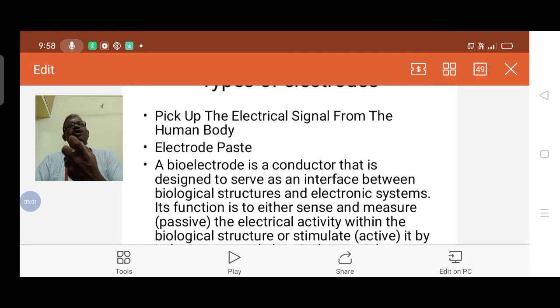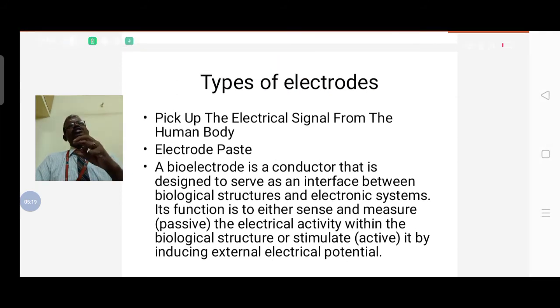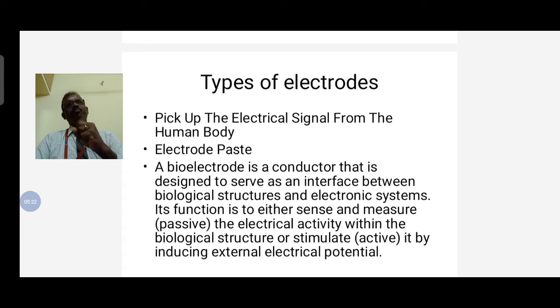So how to pick up the signal from the human body, and after that how to analyze it? By using electrodes. The basic definition: an electrode picks up the electrical signal from the human body.